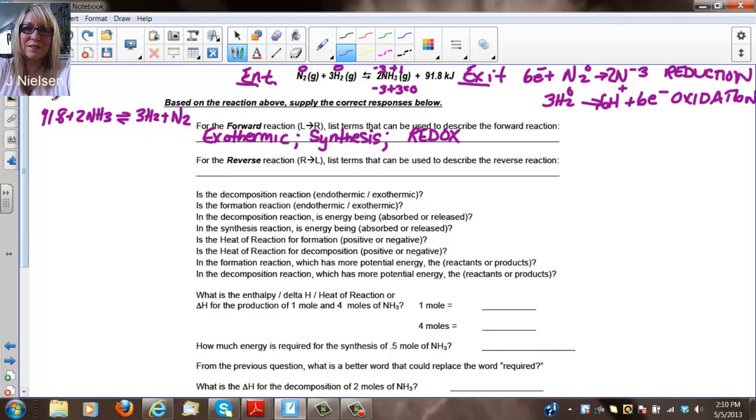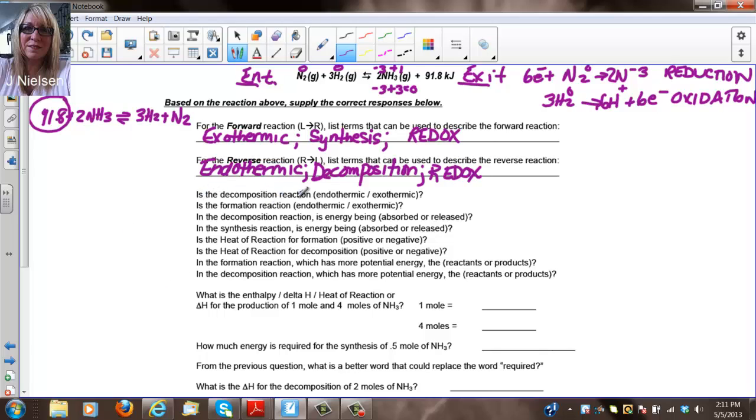Notice now that my heat value is in the reactants. So this reverse reaction is endothermic, and we are breaking down the NH3, so this is decomposition, and it's still redox because I still have reduction and oxidation occurring simultaneously.